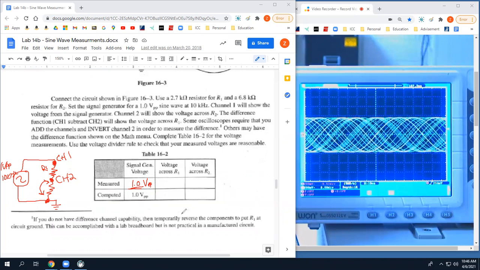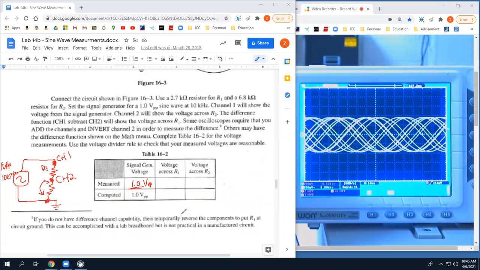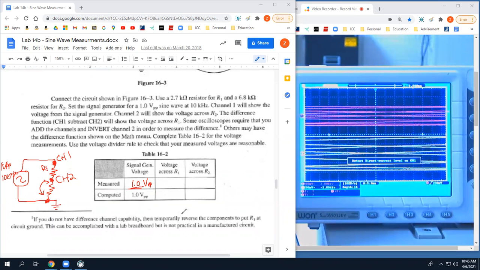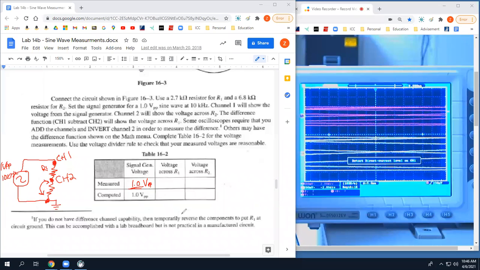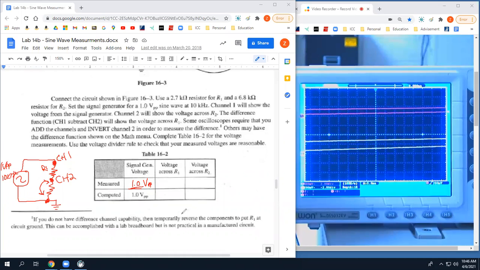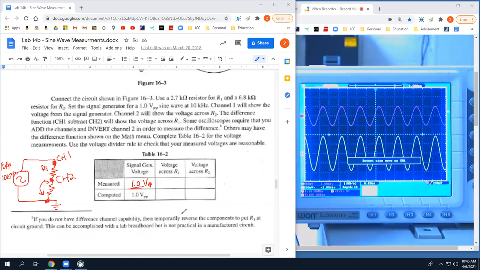Mine looks like crap. I'm going to hit the magic button. All set. Whoa. What happened? There we go.